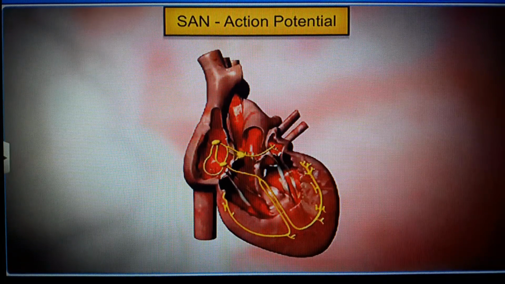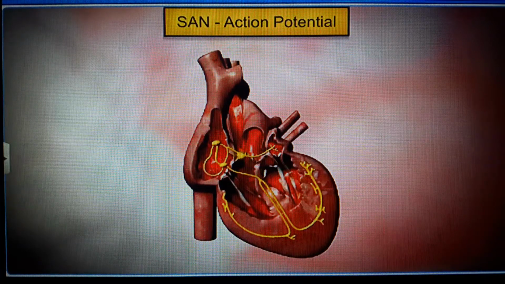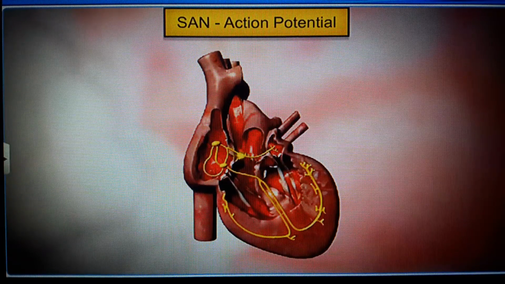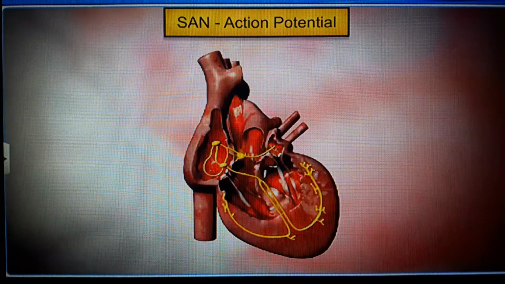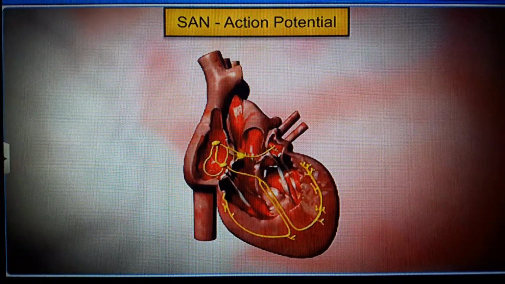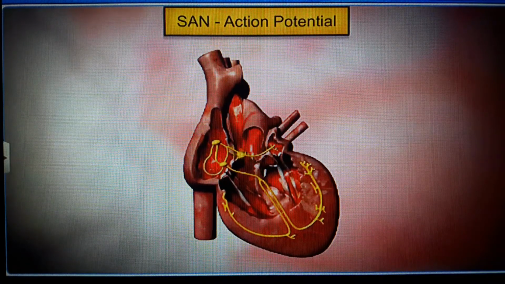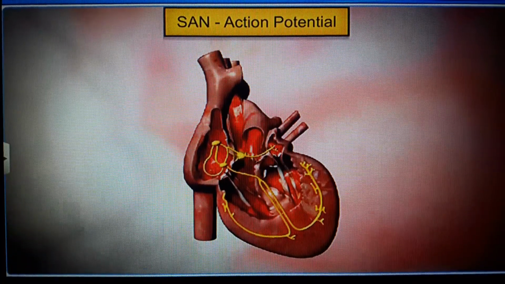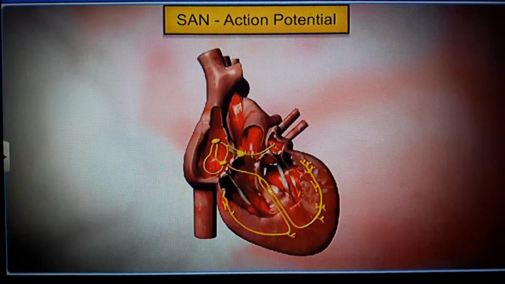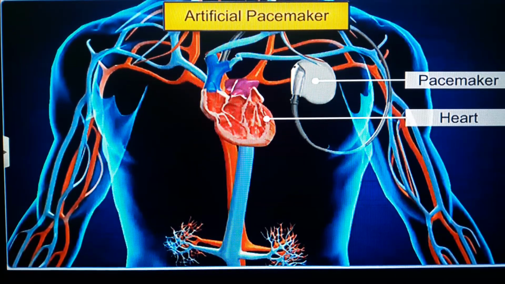This wave of contraction cannot spread to the ventricles as the atrial muscle fibers are completely separated from the ventricular muscle fibers and there is no continuation except the muscles that form the AV node. So the SAN is also called the pacemaker of the heart.